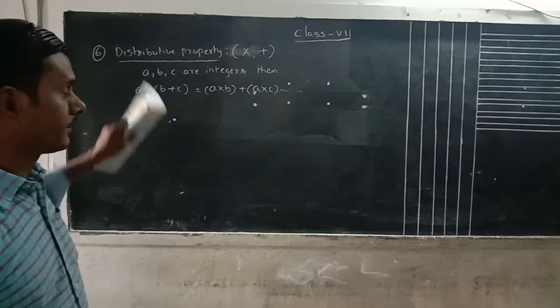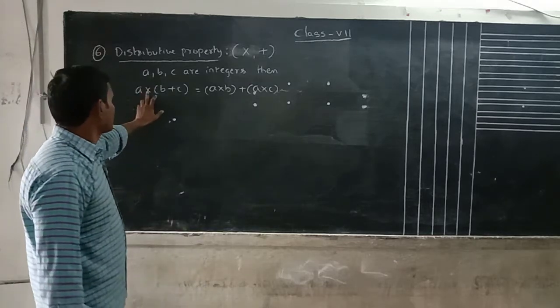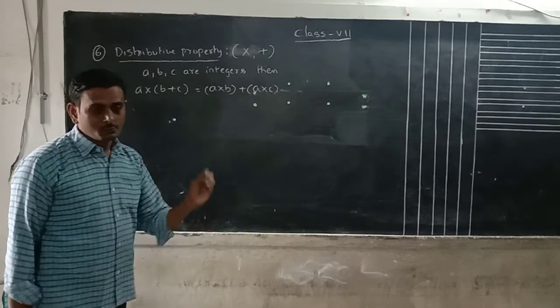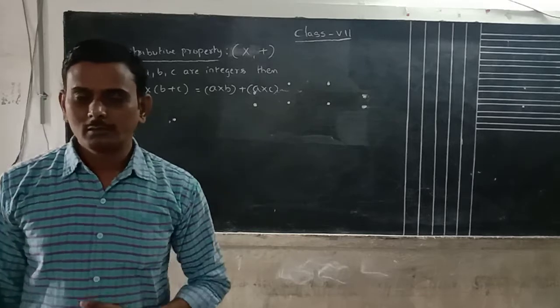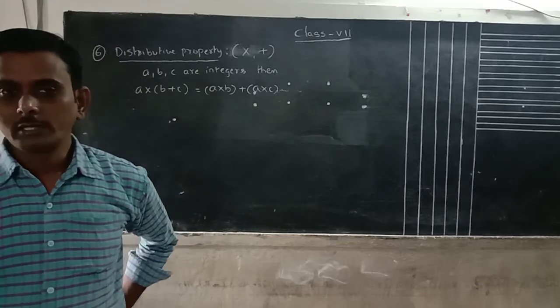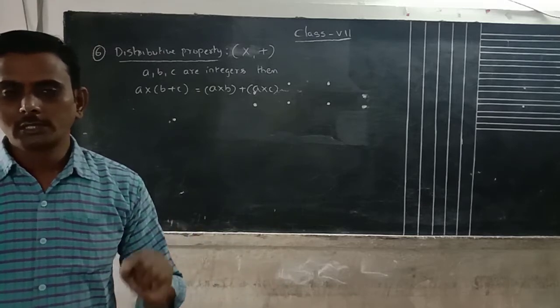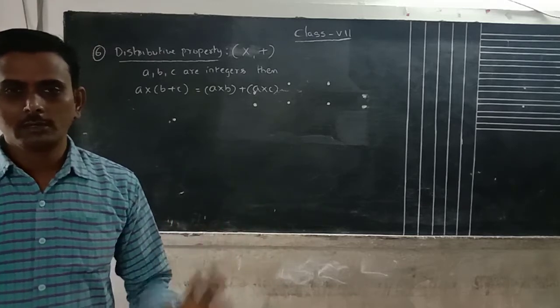But in the distributive property, we use 2 symbols, multiply and plus. What are those 2 signs? One is multiplication, another one is addition.